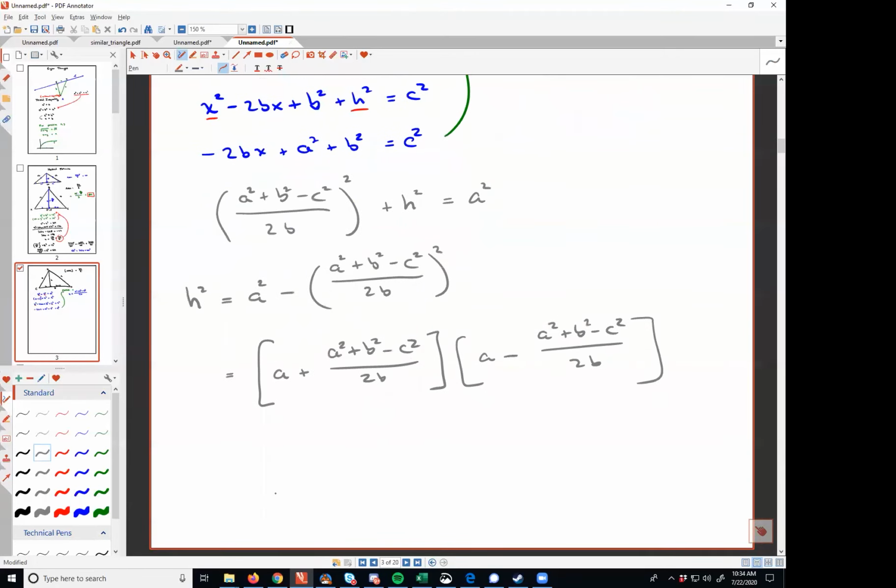Okay, what can we do now? We try and simplify our fraction. What do you mean by simplify?